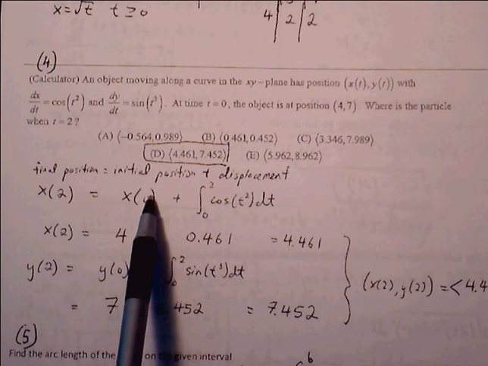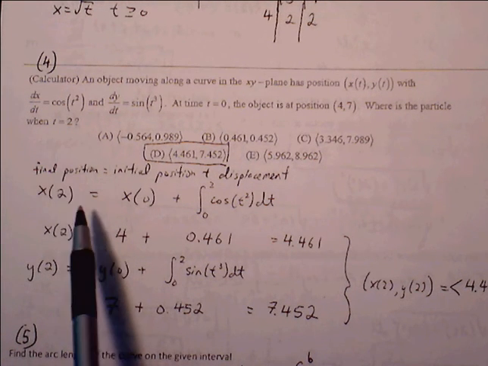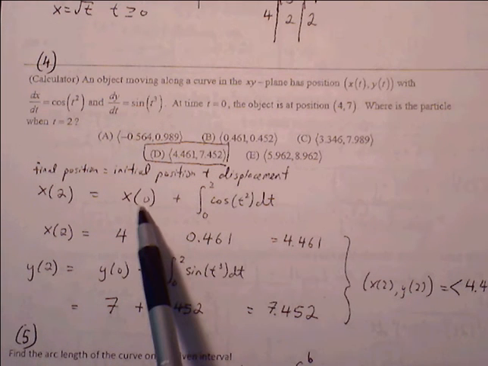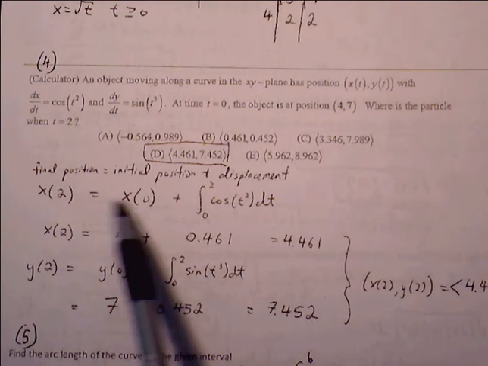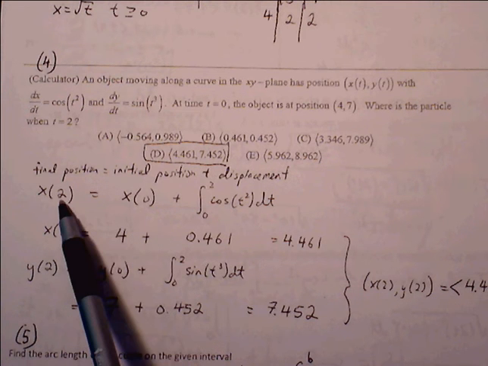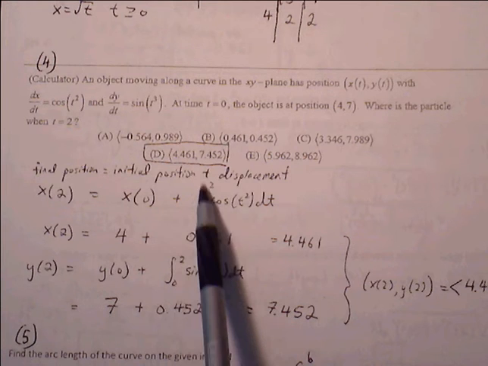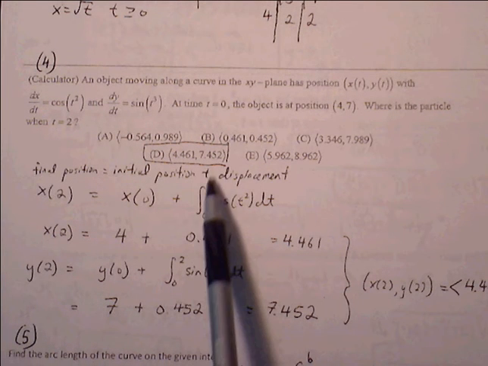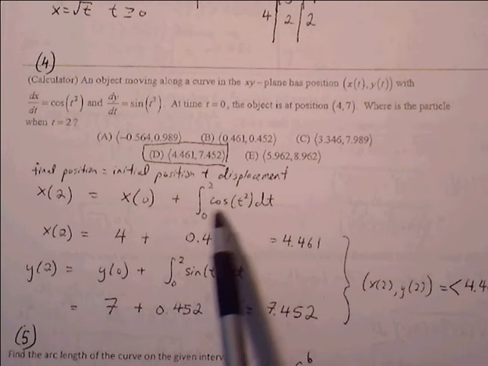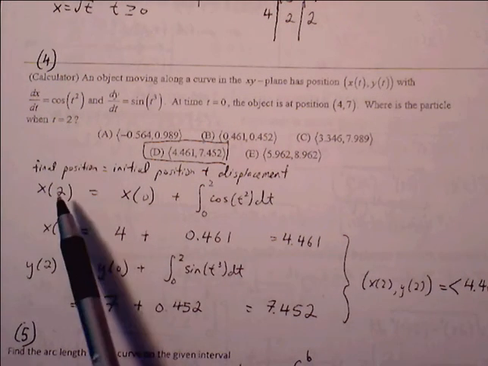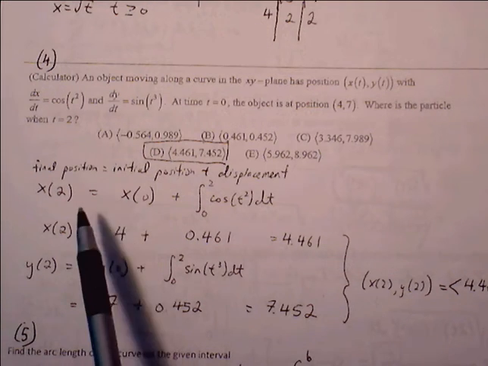We're trying to find x of 2, and what we're given is x of 0. So x of 2 is my initial position at 0 plus the accumulation from 0 to 2, the definite integral of dx/dt. This will take care of the horizontal component.